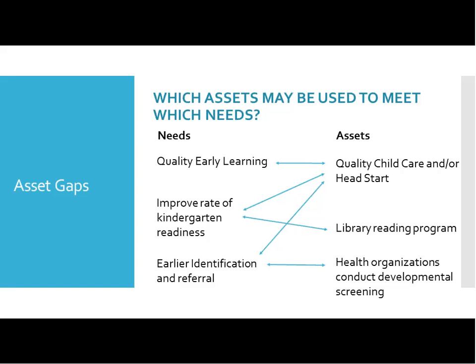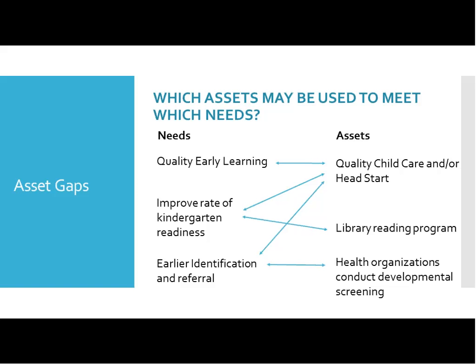So then, the last relationship, the relationship of the library reading program. Having a library reading program has the opportunity to meet the need of improving the rate of kindergarten readiness. So, since both quality child care and or Head Start and the library reading program may be able to meet that need of improving the rate of kindergarten readiness, if they have a conversation and collaborate, then they can reduce the burden on either one of them to meet that particular need.